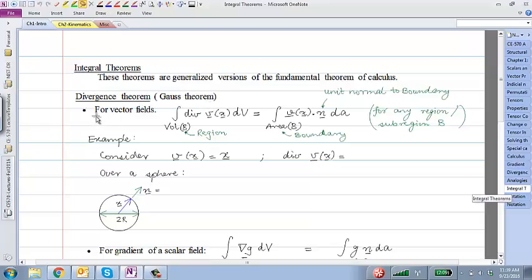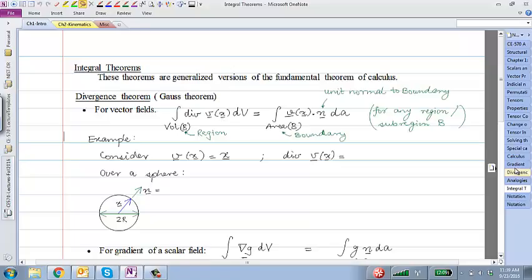And for vector fields, what it says is that take any body V. If you have some vector field v(x) defined over the space, then calculate the divergence of that vector field and integrate that over the volume of a body.